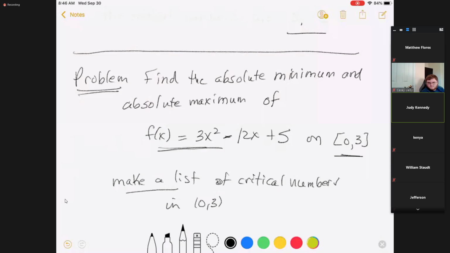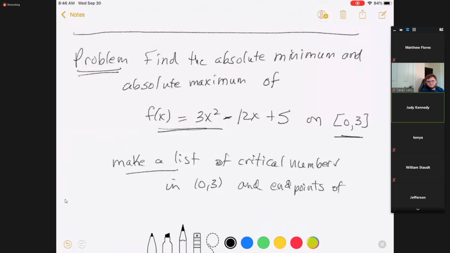It doesn't count if you get a critical number and it's not in this particular interval. It does not count. We're looking for the maximum on this interval. And also I'm going to include the endpoints of the interval.